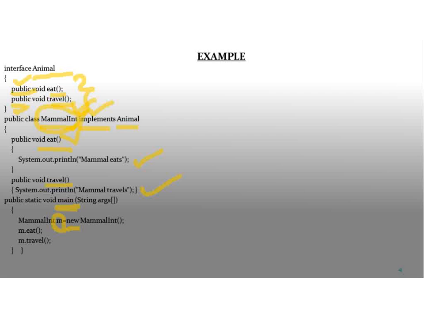Why do we create an object? Even if we are not working with interfaces, we still create an object of a class.